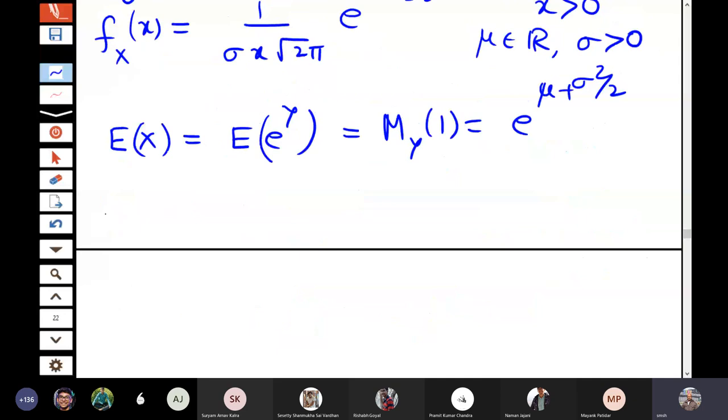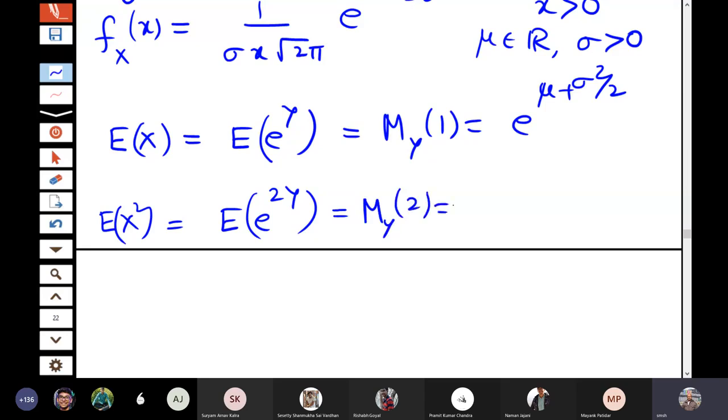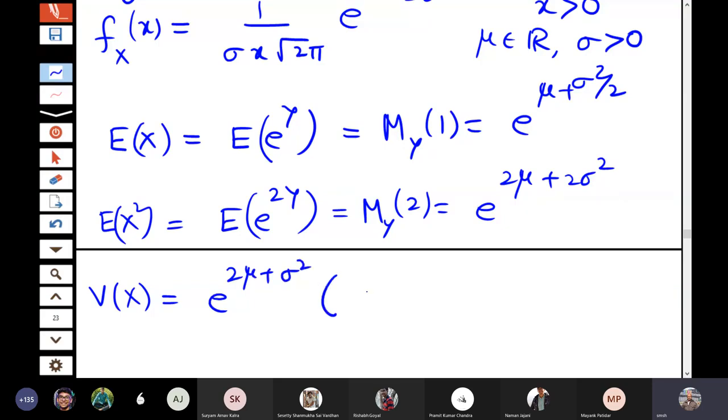Similarly, expectation of x square is expectation of e to the power 2y, which is the moment generating function of the normal distribution at t equal to 2. So it is e to the power 2 mu plus 2 sigma square. So variance of x becomes expectation of x square minus expectation of x whole square, which is e to the power 2 mu plus sigma square, times e to the power sigma square minus 1.